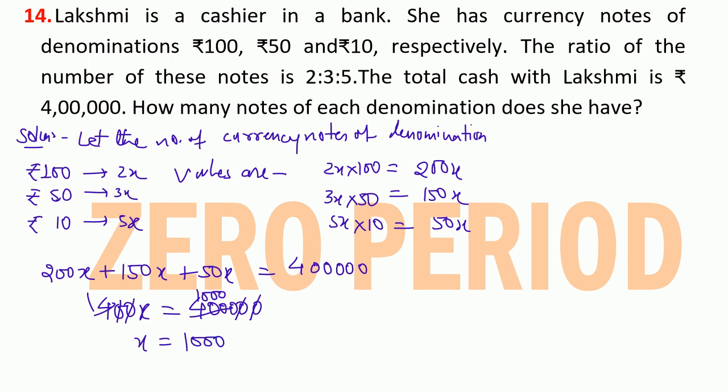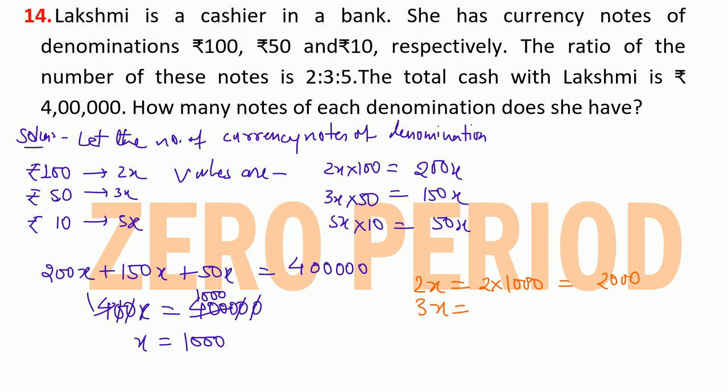After getting the value of x, you can get the number of notes and then the value of notes. So 2x, now I am going to change the ink, it will make it clearer. 2x is equal to 2 into 1000, that is 2000.